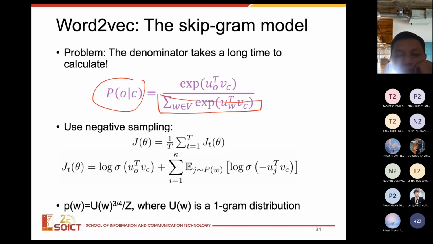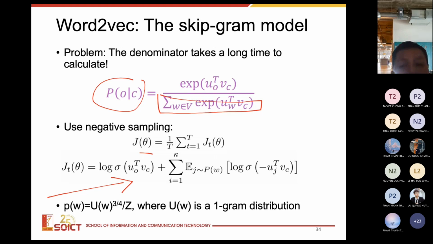So in the word2vec model they present optimization techniques, and the most important technique they use to avoid this expensive calculation is negative sampling. By using negative sampling, the loss is formulated this way.